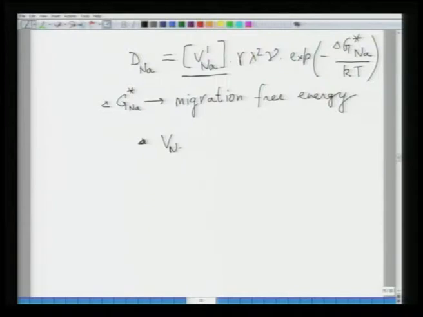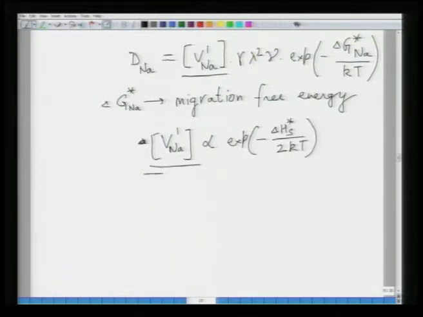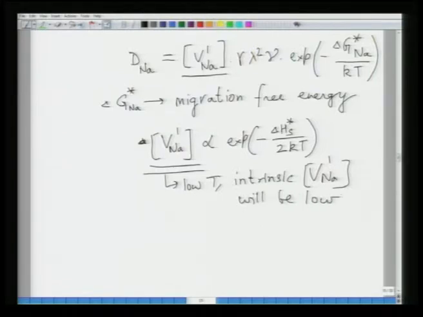At lower temperatures, Schottky defect formation does not give rise to a large number of vacancies, because intrinsic V_Na is proportional to exponential of minus delta H_S star divided by 2kT. So low temperature means intrinsic V_Na concentration will be low.